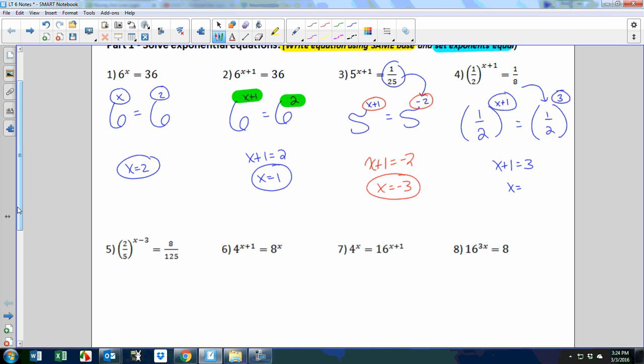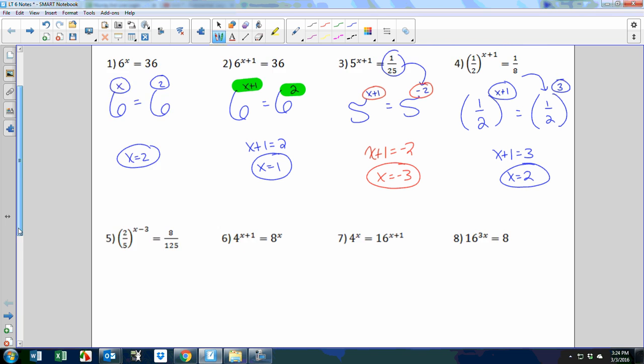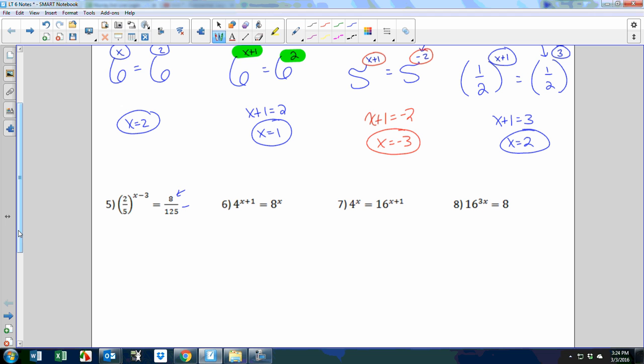So subtract 1, x is 2. Hopefully by now you've realized that 8 and 125 are special numbers. That's 2 cubed and 5 cubed. So when you go to write this as the same base, 2/5 to the x minus 3, you can rewrite the right side as 2/5 with an exponent 3. Cube that fraction. So your bases are the same, your exponents must be equal.